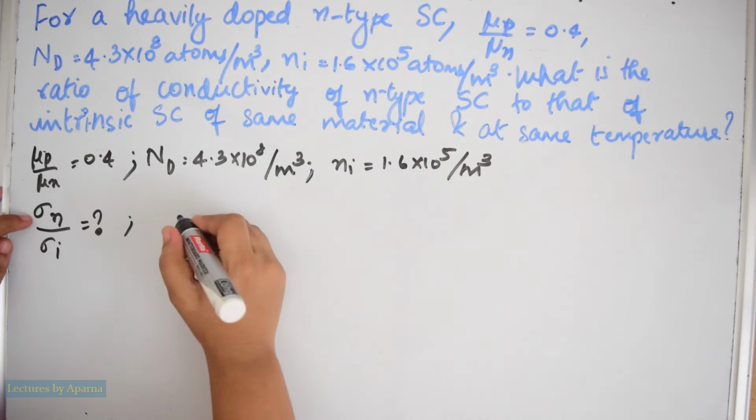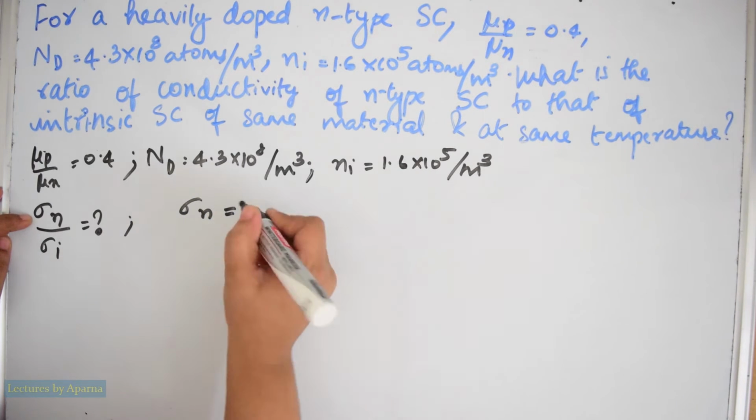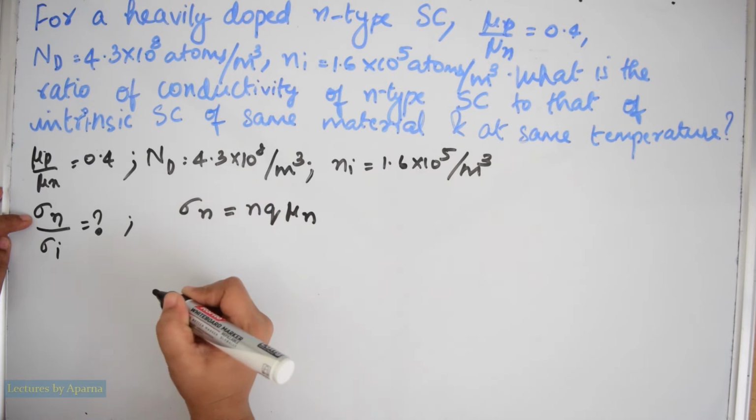So we have to write the equation for conductivity of n-type semiconductor, which is given as n q mu n.